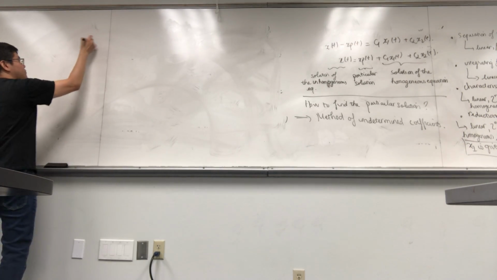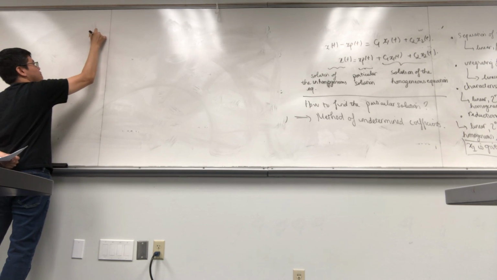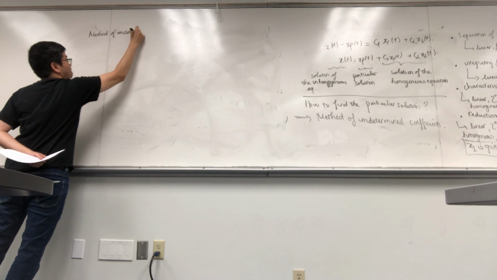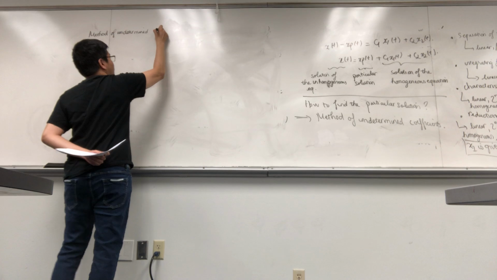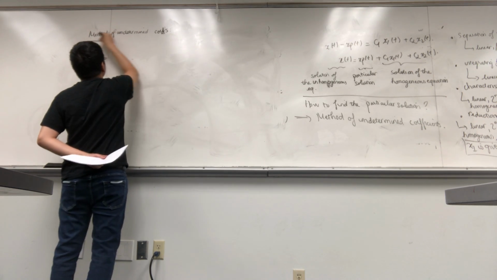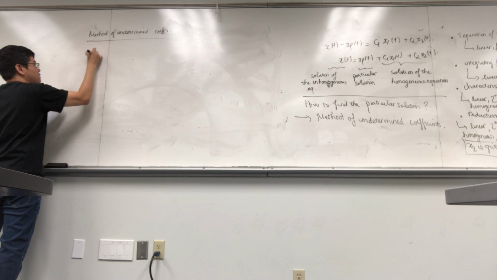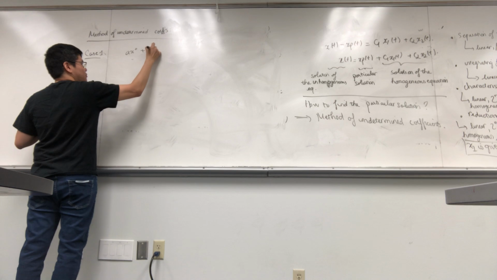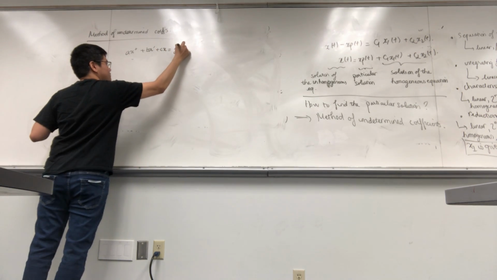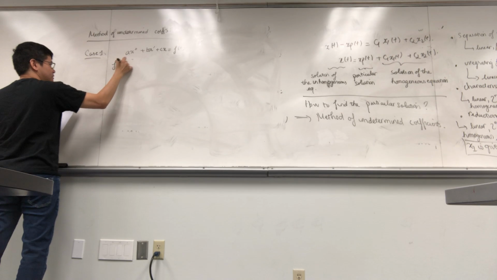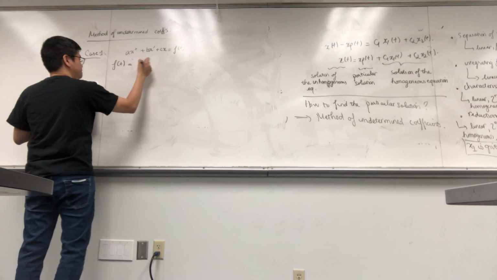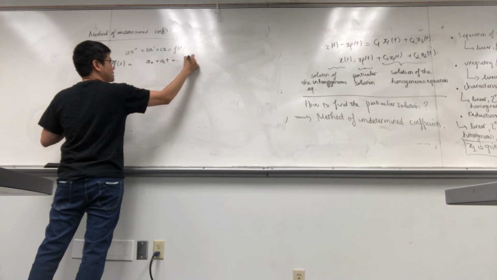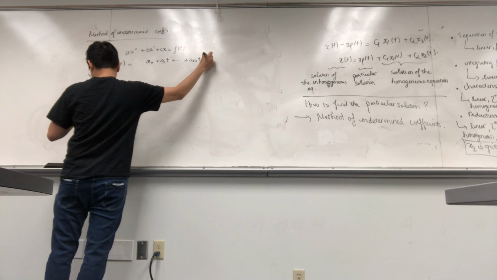So now you have the method of undetermined coefficients. Case number 1. You have ax'' plus bx' plus cx is equal to f(t), where f(t) is a0 plus a1 t plus ... am t to the m.